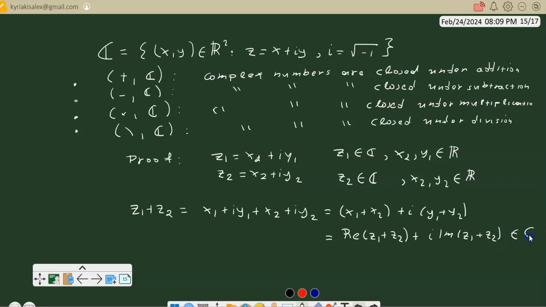So we have the sum of two complex numbers, and we get back what? We get back a complex number. If we take the difference of the two complex numbers, what do we have?